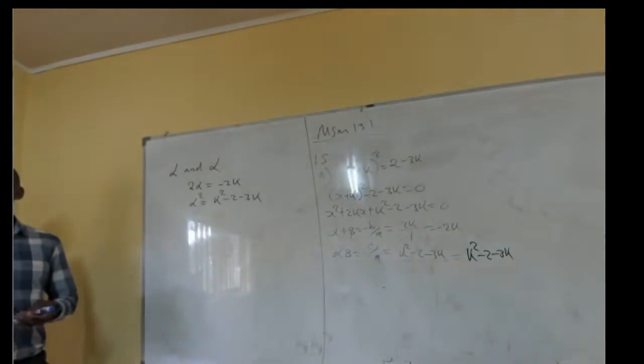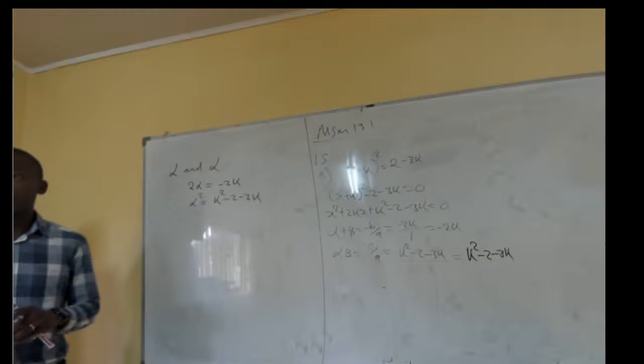This is what we have as our product, and that is what we have as our sum. With that being said, we have two simultaneous equations which we need to solve.